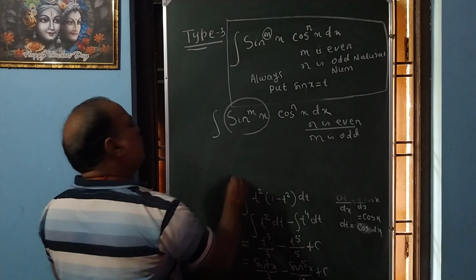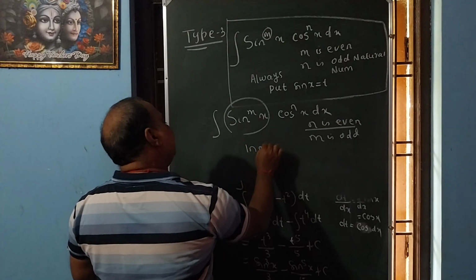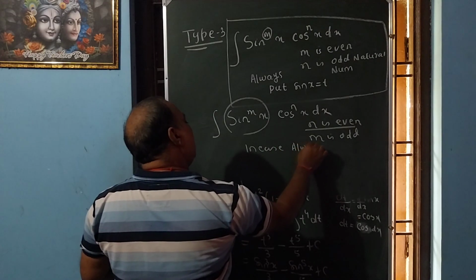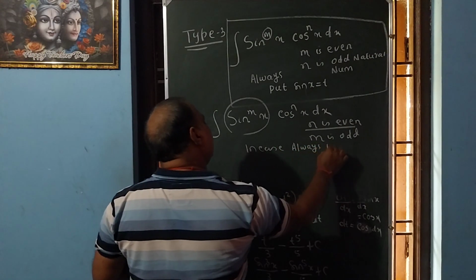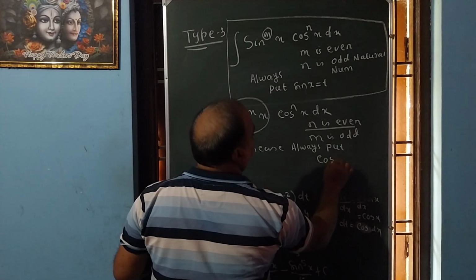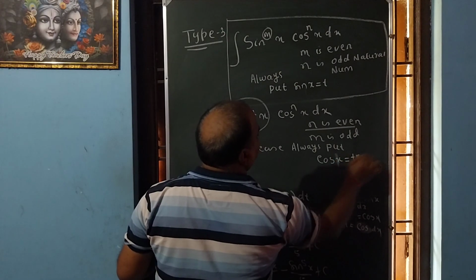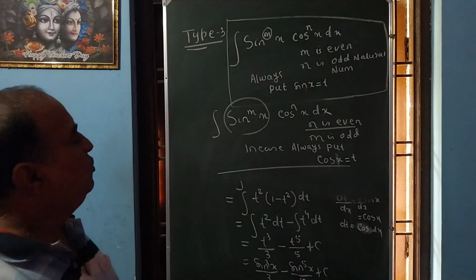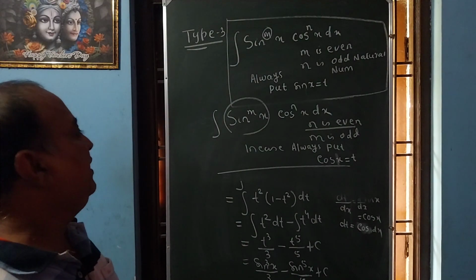In this case, always put cos x is equal to t. Remember, in this case, always put cos x is equal to t.